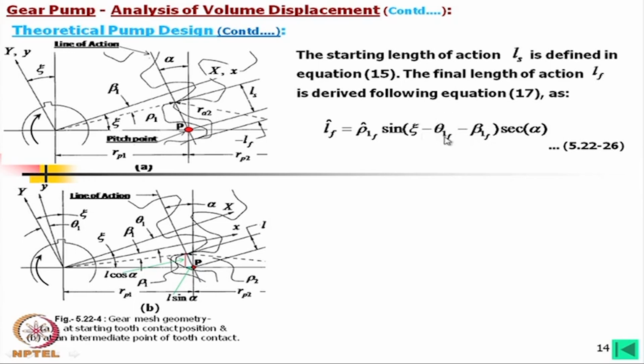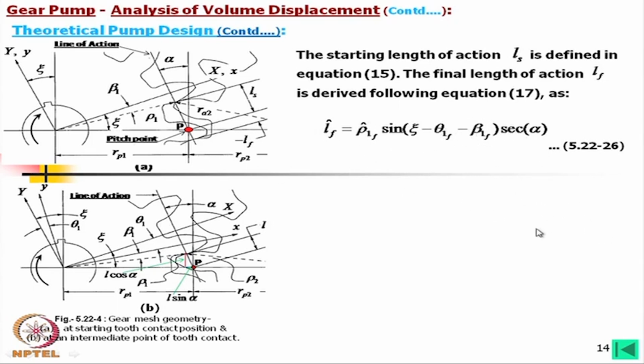Now, theta 1 starting and theta 1 final, as I told, is simply 2 pi divided by the number of teeth of the driving gear, or gear 1 we would say. So, this calculation will not be difficult, and we know this formula, and from there we can calculate.